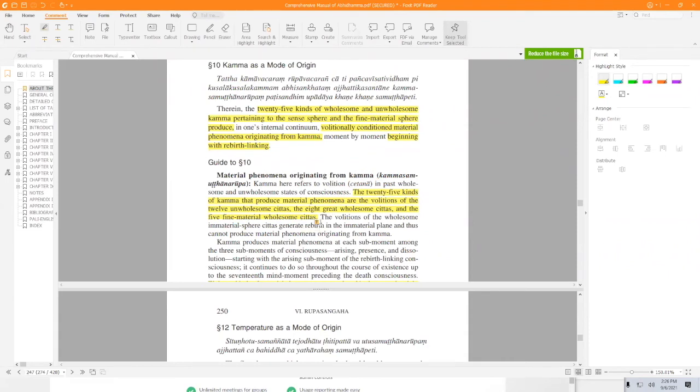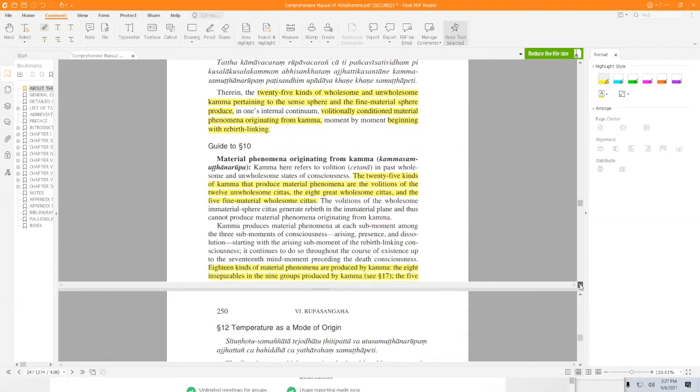These chittas generate karma, and that karma produces material phenomena. The volitions of the immaterial sphere chittas produce rebirth in the immaterial plane, and so they don't produce any material phenomena originating from karma.